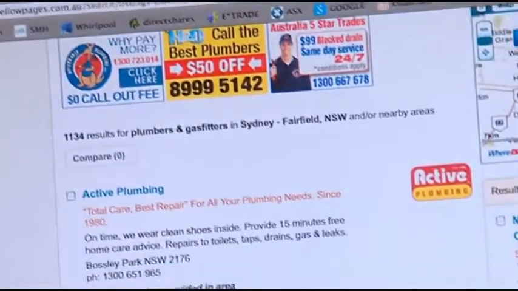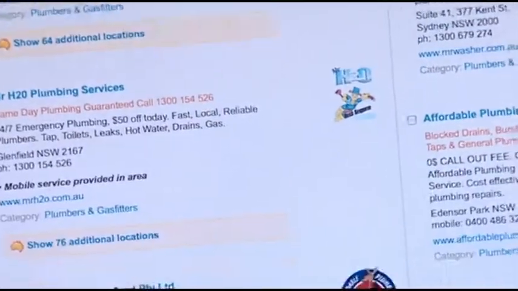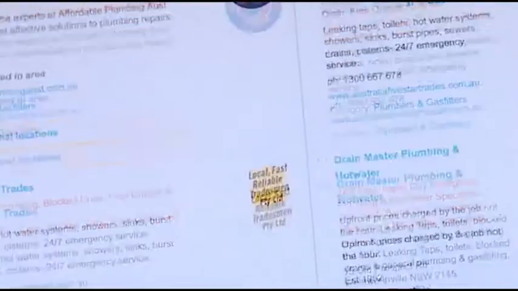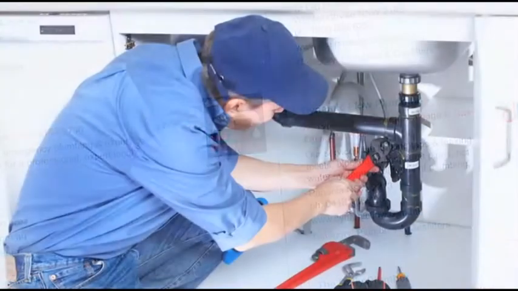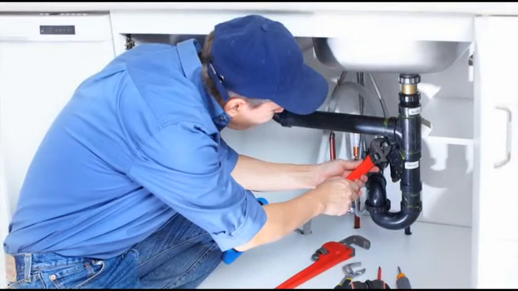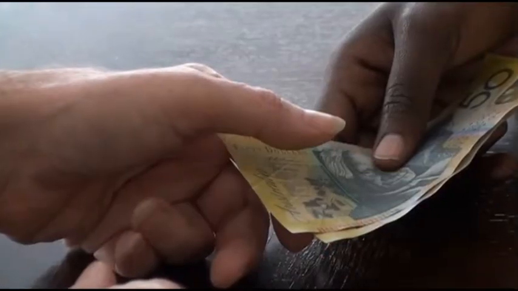If you cannot contact the landlord or agent, or if they do not fix the problem in a reasonable time, you can arrange for a qualified tradesperson to fix the problem and pay for it yourself.